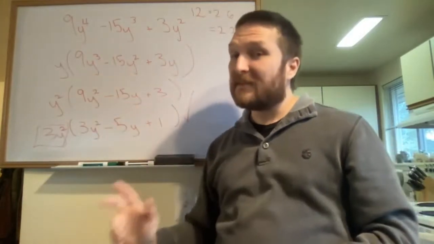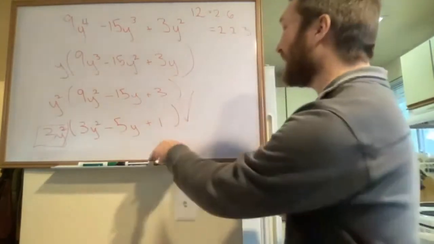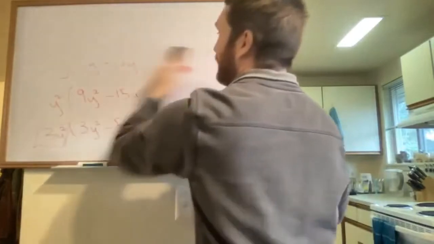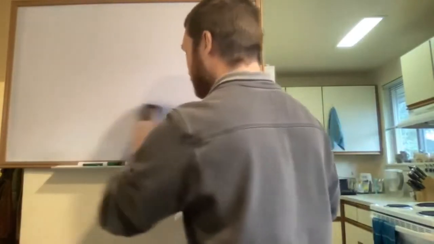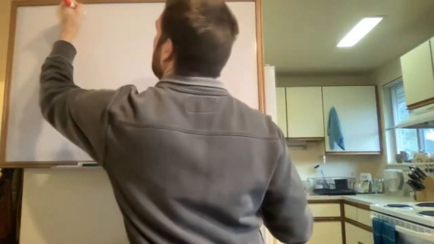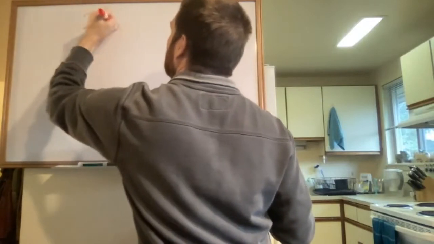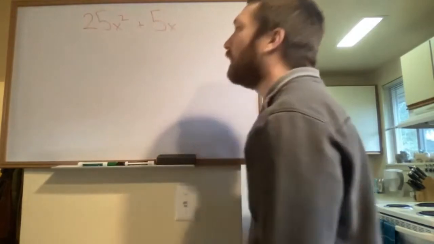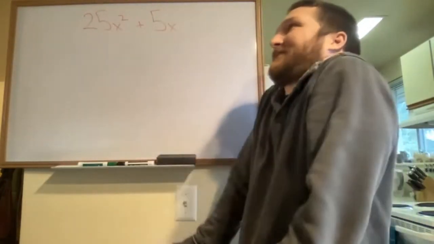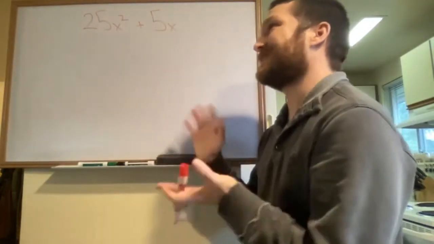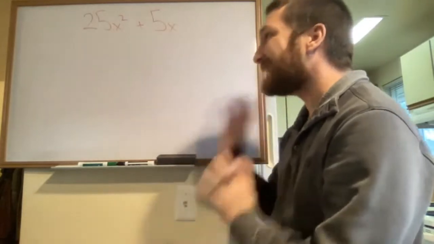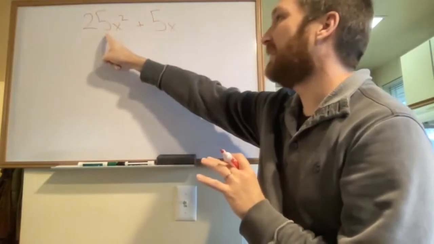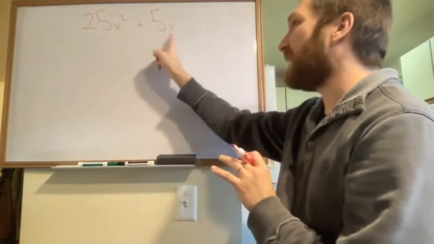Of course, when it's obvious, right? If you have something like this, it's like, well, 5x, that's obvious. I don't need to do this in two steps. I can tell that 5x is in both of them because that's just 5 times 5 and x squared, and that's a 5x.